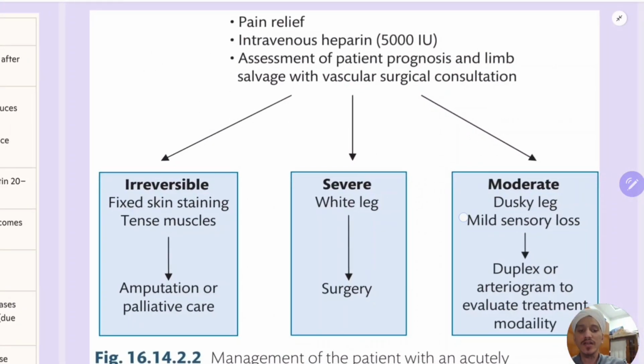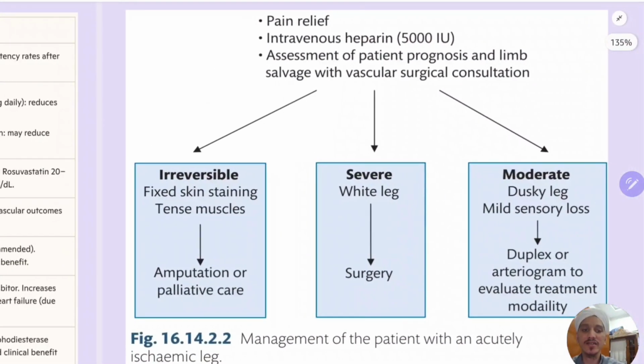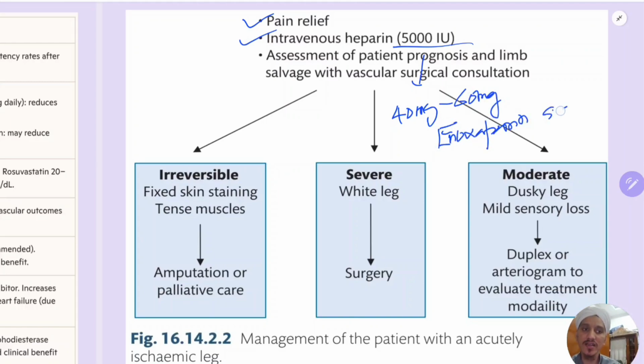Now, this is a management chart for a patient with critical limb ischemia. Okay, what will you do? You will give some drugs for pain relief. Then you give stat intravenous heparin 5,000 international units, or else you can also give 40 mg to 60 mg of enoxaparin subcutaneously, or if you are giving IV, then 40 mg IV stat of enoxaparin.